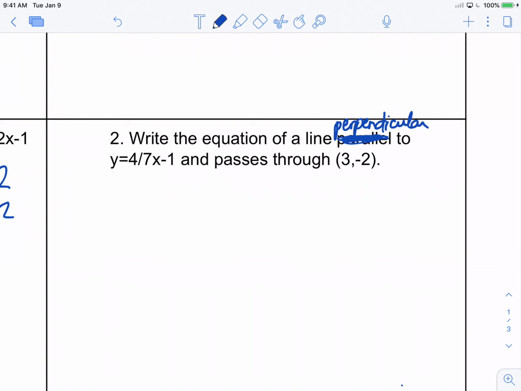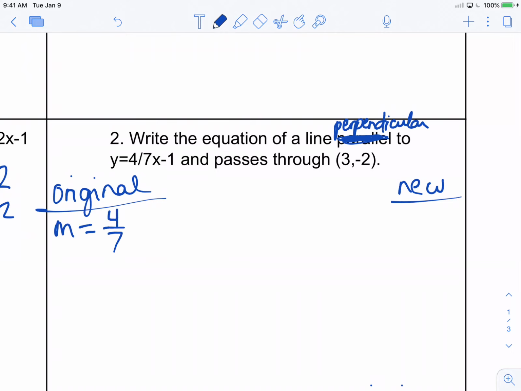So again, I want to do original and new. My original is 4/7. That makes my new negative 7/4.